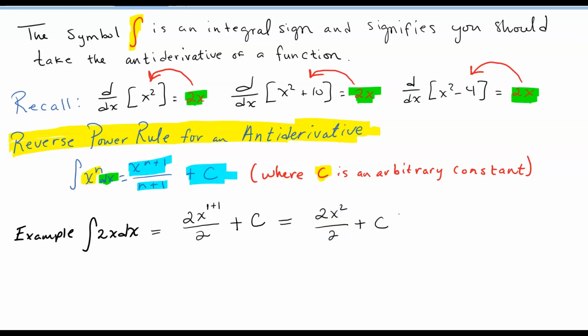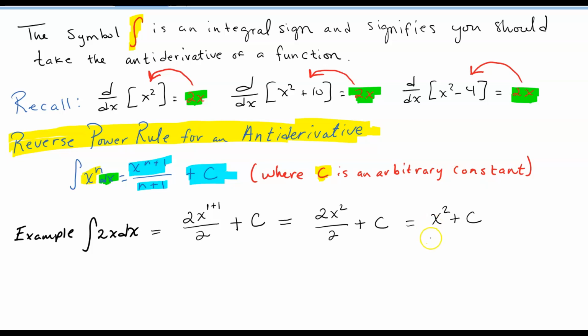Well, now that I've got that, I can reduce this and say my answer is just x squared plus c. And when you think about it, go back to the example up at the top where we highlighted 2x in green. We know that it was going to be x squared plus or minus some particular number.